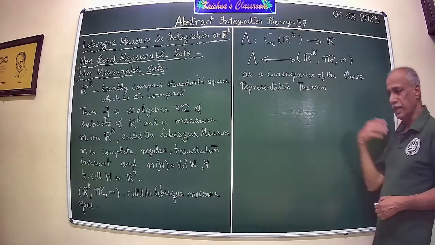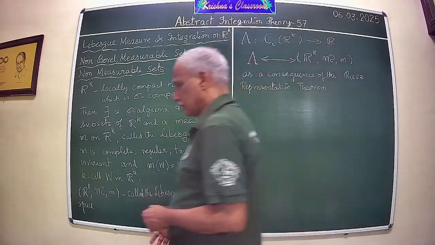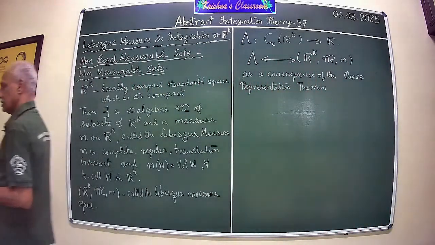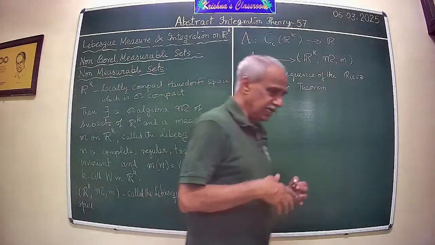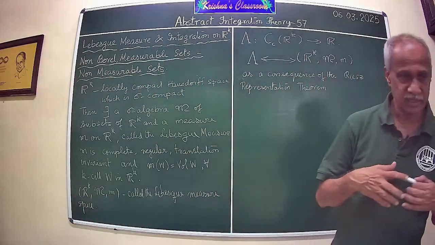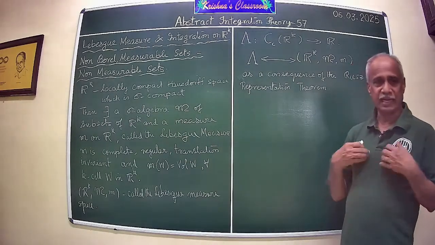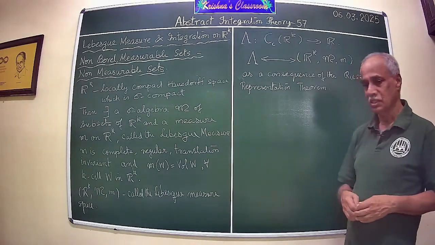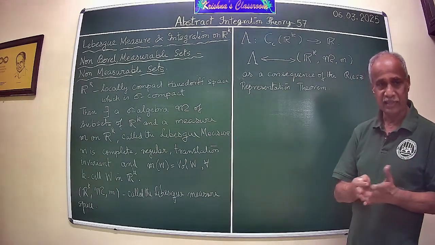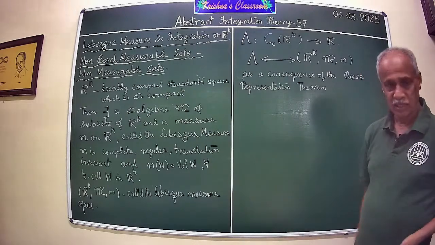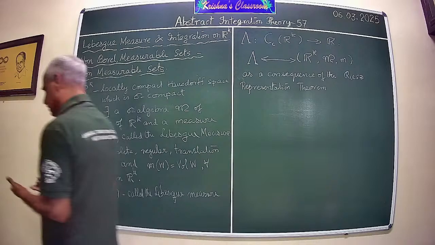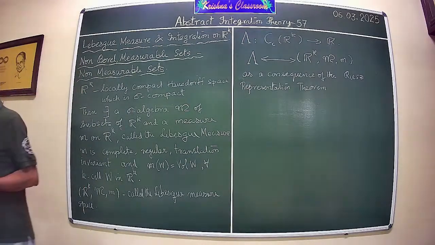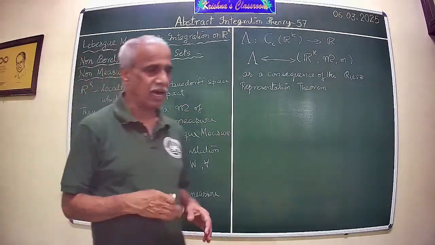Now this is a landmark result, and we could avoid the difficult exercise of starting with a K-cell and then proceeding with that, as in the case of Riemann integration to Lebesgue integration for R^1.